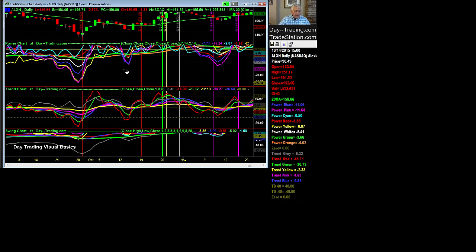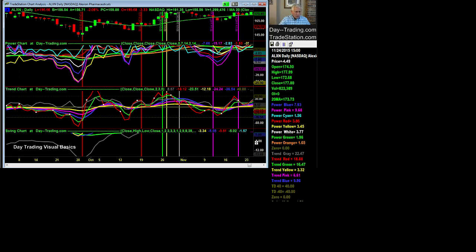you have a power pink that was always above the blue until this last day, and boom! Look at that green candle on the next day. You also down here had a trend red low angle up, and that trend red low angle was at -45. So that's a complete turnaround.